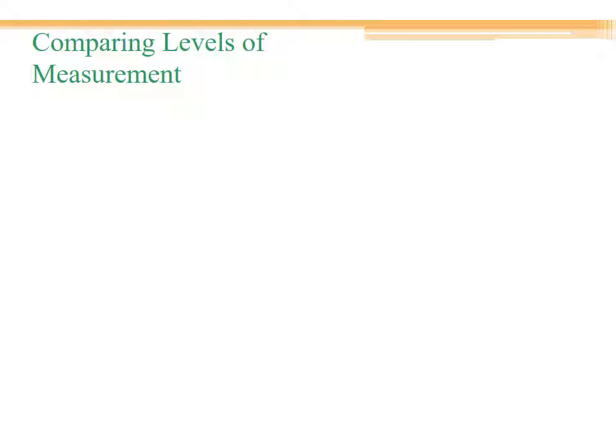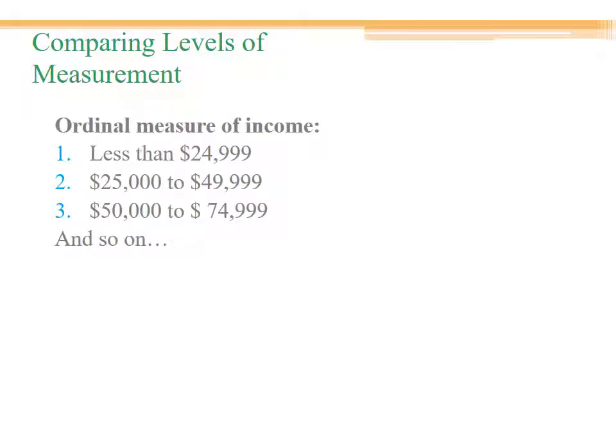So here's one example of how to measure income. This is an ordinal level of measurement. We have the different categories, and they are in rank order. So for categories, we can categorize people into the different options depending on how much income they earn a year. So this fulfills the classify criterion from the previous slide.